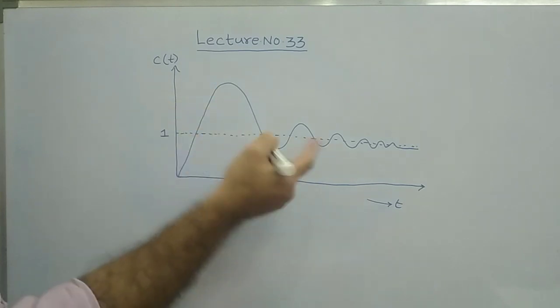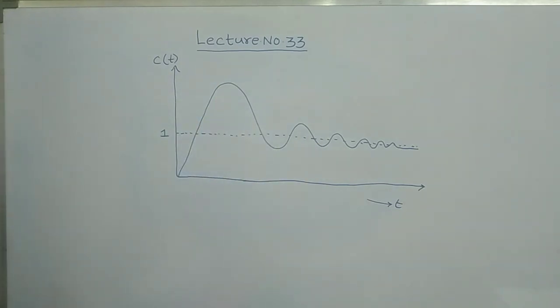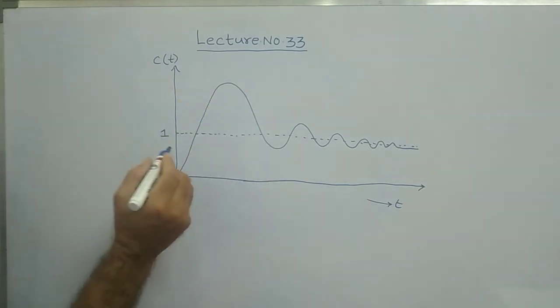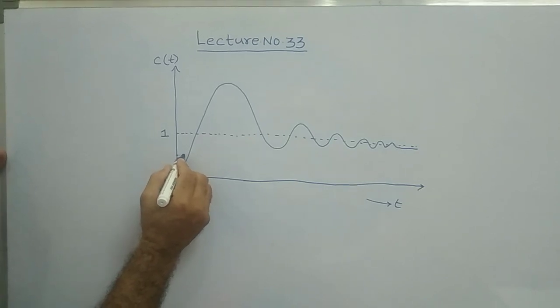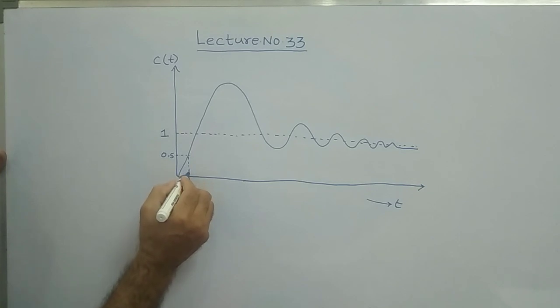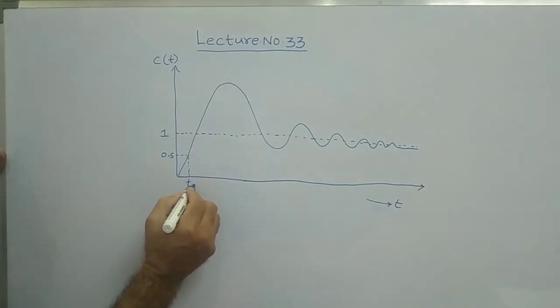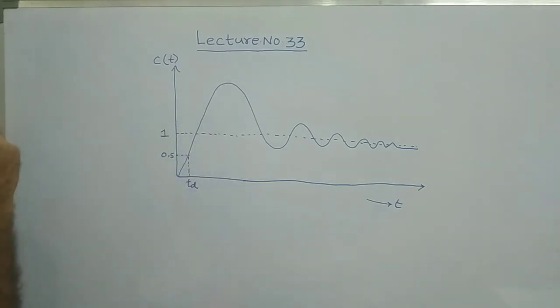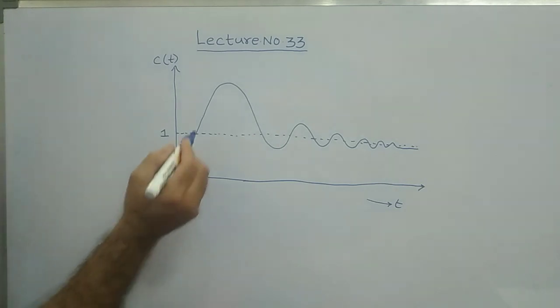This is the basic time domain response of a second order control system, in which we have seen this is the 0.5. Here it is called a specification. First specification we have seen is T suffix D, the delay time.